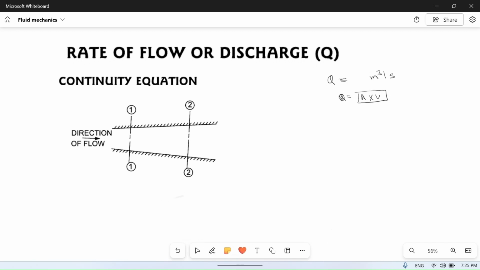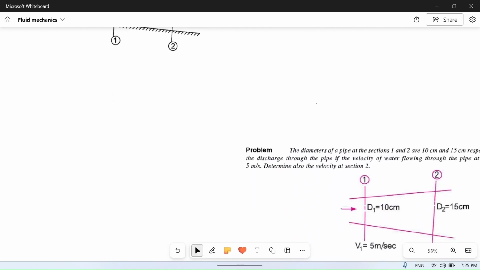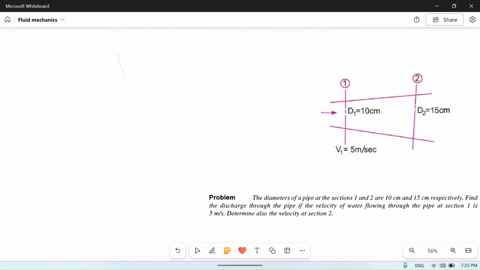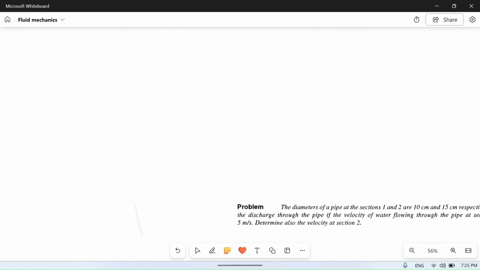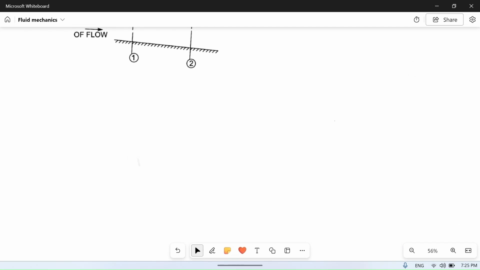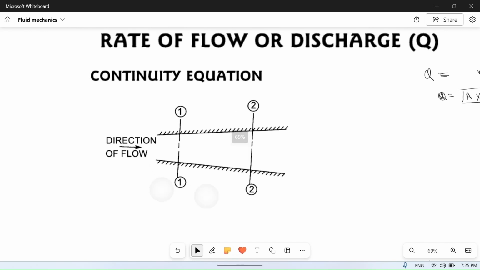But what is the continuity equation? Continuity equation is based on the conservation of mass. It means that mass entering at a cross section will be equal to mass exiting from another section if there is no change in between in the fluid.